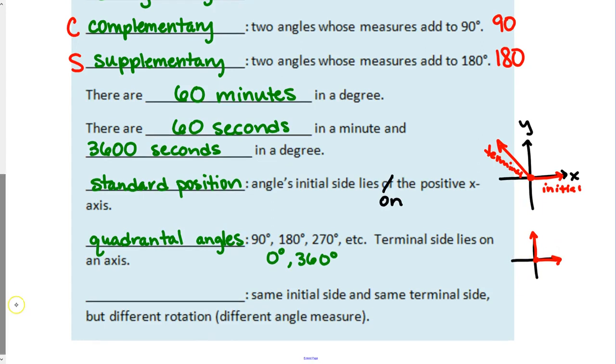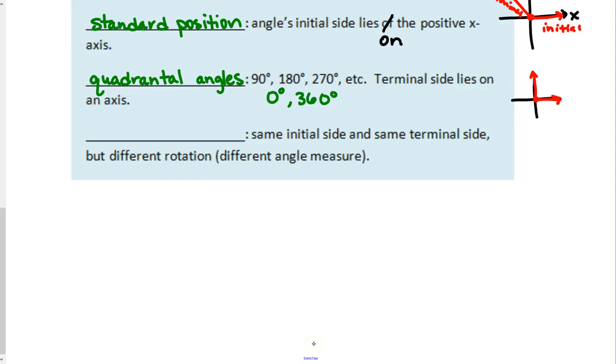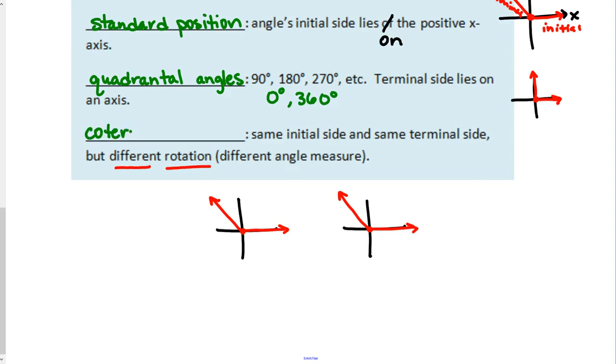And then the final term: if you have two angles that have the same initial side, so let's make a sketch, and they have the same terminal side, so maybe like this, but different rotation, they are called coterminal angles.